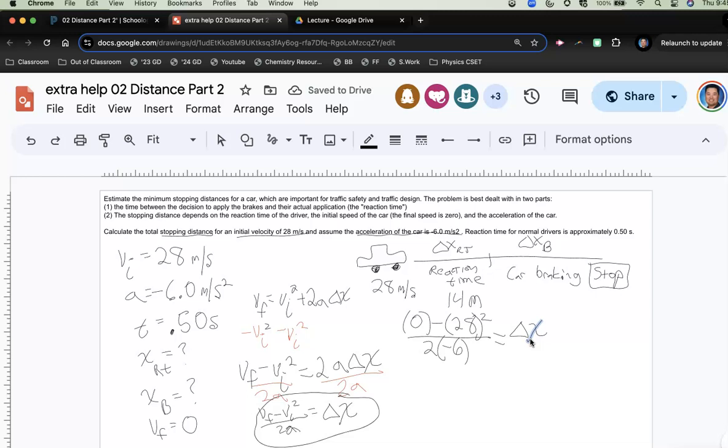Carlos is doing the math. Carlos, what is 0 minus 28 squared? -784. I'm so glad he included the negative, because if he doesn't, he's going to get the opposite answer that we need. What's on the denominator?